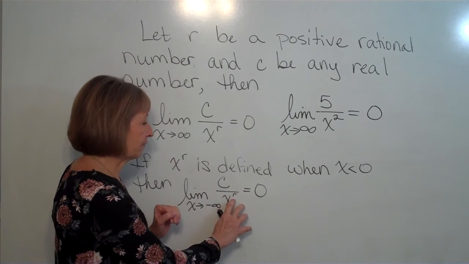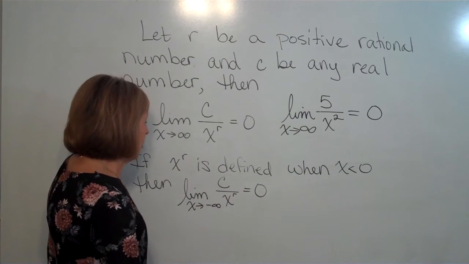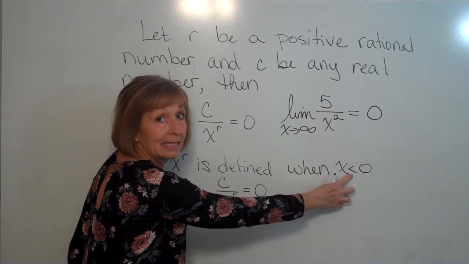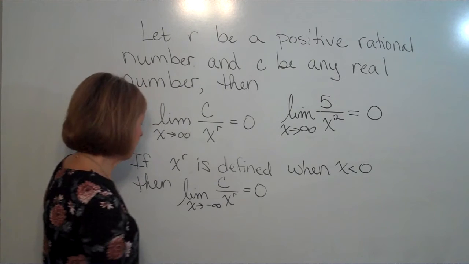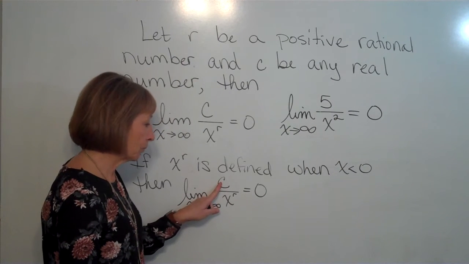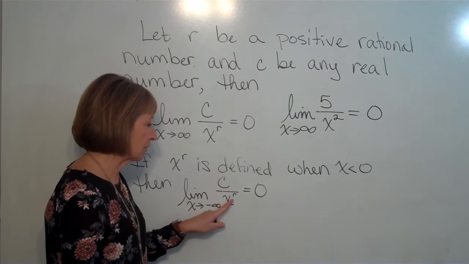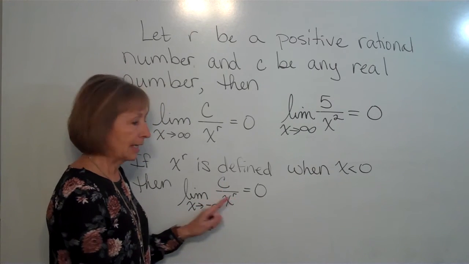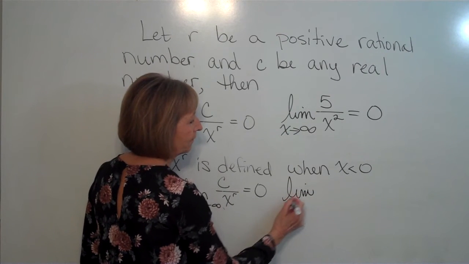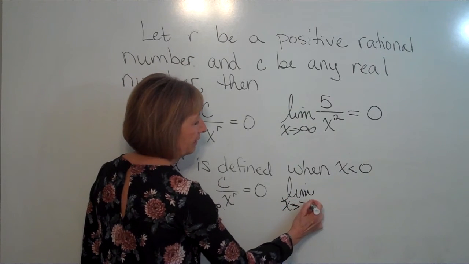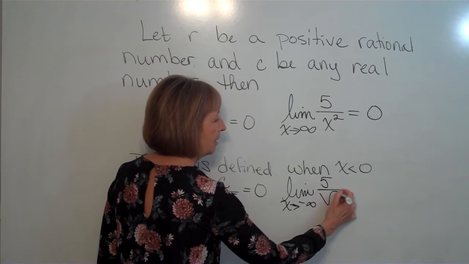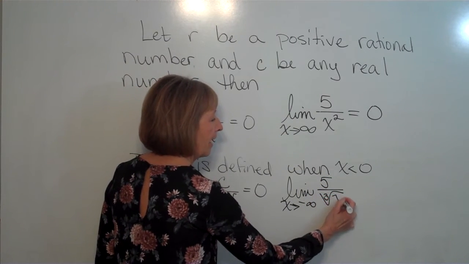But if x to the r is defined when x is negative, when x is less than 0, then the limit as x approaches negative infinity of a real number divided by x to a positive rational number, again, comes out to be 0. So this would be like the limit as x approaches negative infinity of 5 over the cube root of x.